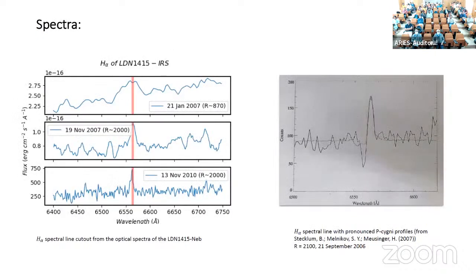Unfortunately, he didn't calculate the wind velocity, which he could have by looking at this P-Cygni profile of the H alpha.